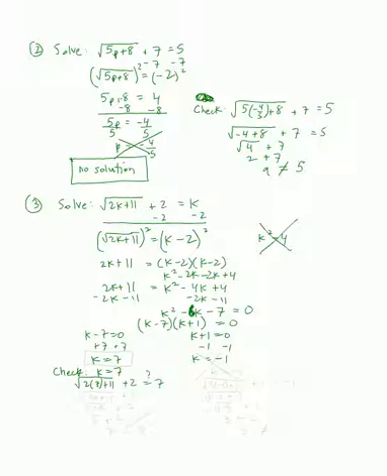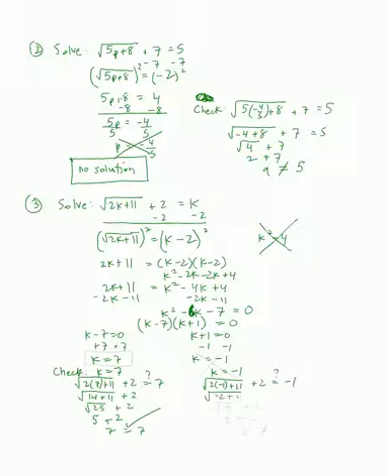So is this true? On the left we get 14 plus 11, which is 25, square root is 5, plus 2, which is 7, and that's equal to 7, so it works. Now let's try k equals negative 1. 2 times negative 1 plus 11 plus 2, is that equal to negative 1?